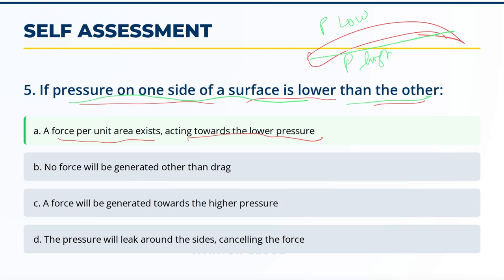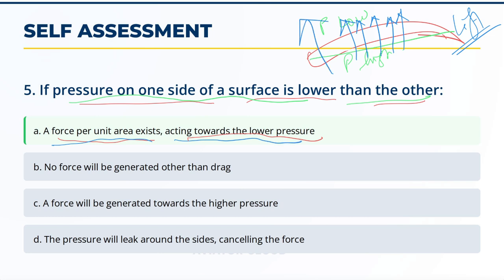Now what does your basic sense tell you? From the high pressure area to the low pressure area, there will be a force. Now this force will produce lift. So a force per unit area exists acting towards the lower pressure area, from the high pressure area to the low pressure area.